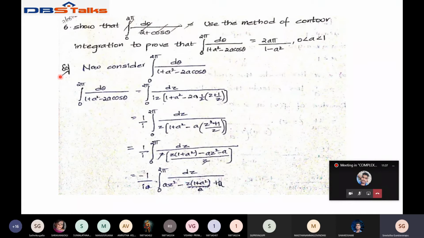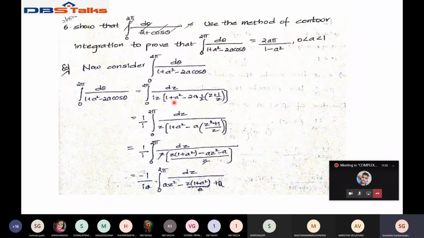So the solution is: consider the LHS value, the integral from 0 to 2π of dθ by (1 plus a² minus 2a cos θ). Now in this integration we have to write dθ equal to dz by iz and cos θ is 1/2 into (z plus 1/z).